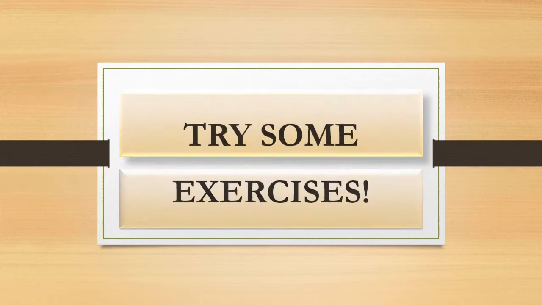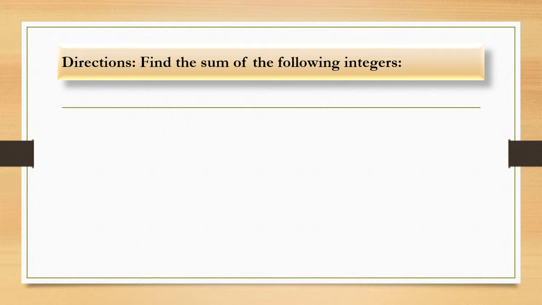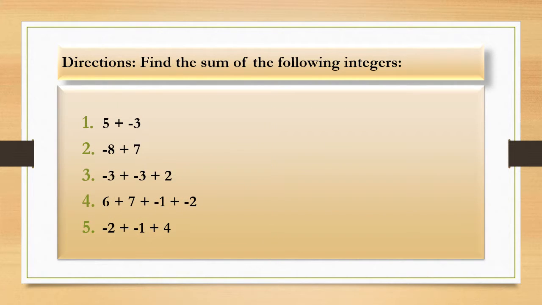Now, let's try some exercises. The directions: find the sum of the following integers. Number 1. 5 plus negative 3. Number 2.